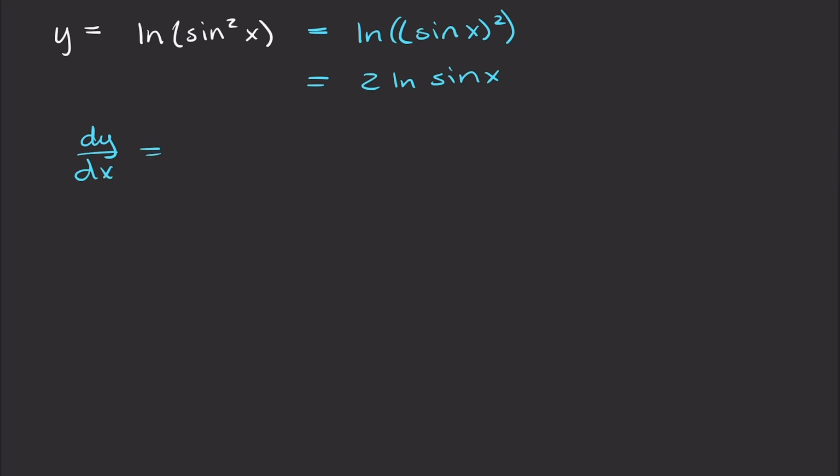So now we just have our 2 that comes out front. The derivative of the natural log of sin x, we just bring the argument to the bottom, sin x, and then multiply by the derivative of sin x, which is cosine x. But cosine x over sin x is just cotangent, so we get 2 times cotangent of x.